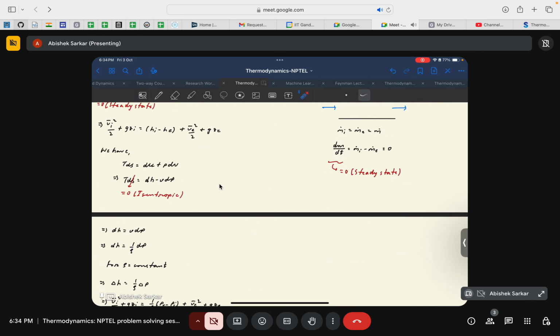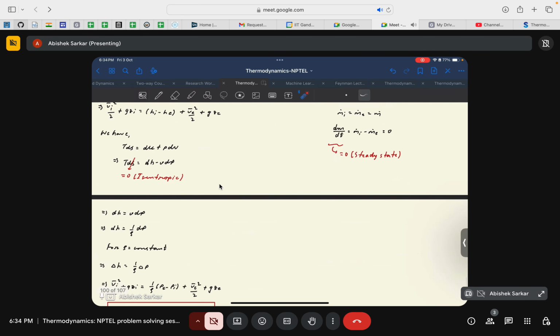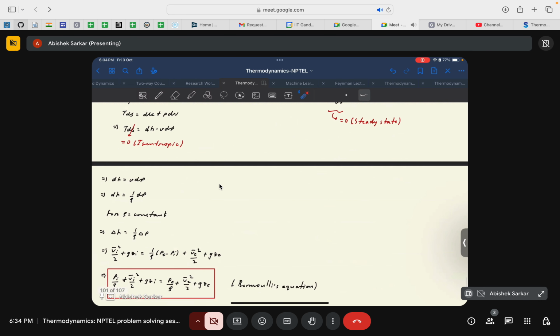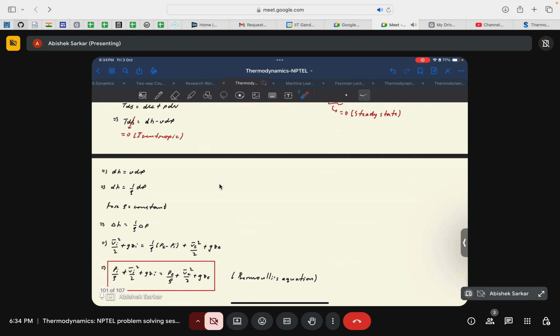Then dH would be equal to VdP, or dH would be equal to 1 by rho times dP. Now if we consider this rho, the density of the fluid, to be constant, we can write delta H is equal to 1 by rho times delta P. Basically, if rho is constant, we will be able to integrate it, so the change in enthalpy will be equal to 1 by rho times the change in pressure.